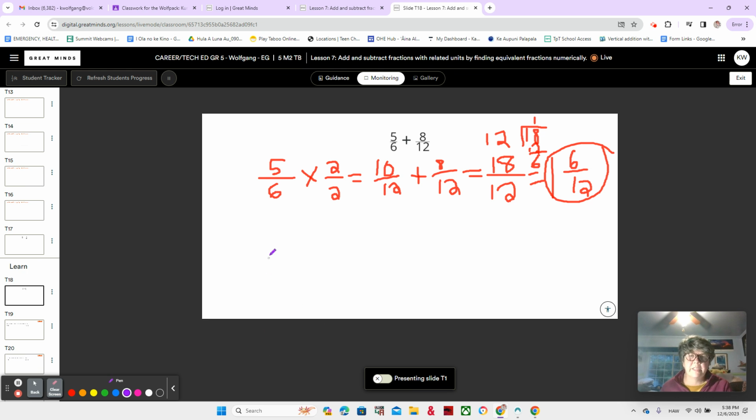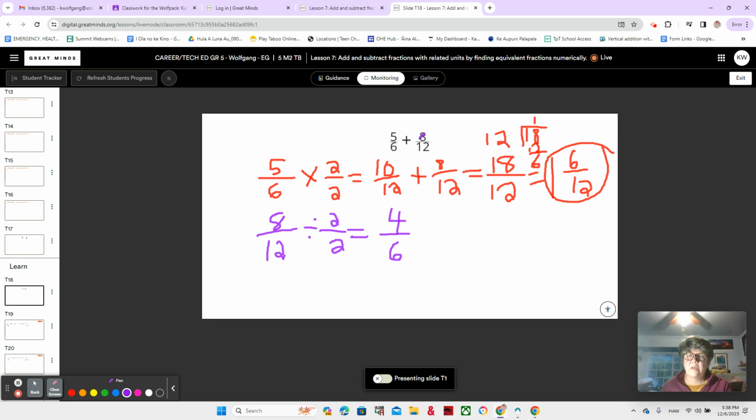Let's pick up a different color. 8/12ths. Because 8 and 12 are both even numbers, they can both be divided by 2, right? So 8 divided by 2 is 4, and 12 divided by 2 is 6.